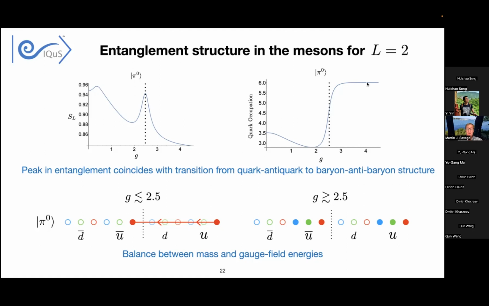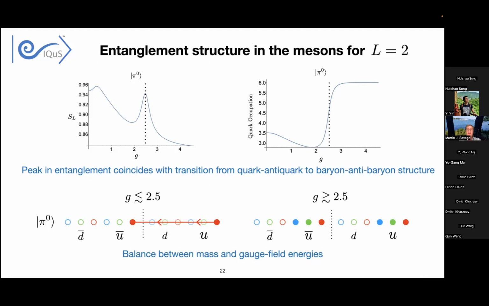So there's really a structural change in this state as the strong coupling sweeps between 2 and 3. That is signified in the entanglement entropy. So the entanglement entropy is a maximum when this configuration is transitioning from QQ bar to baryon antibaryon. So the entanglement entropy is actually revealing about the actual structure of the state.